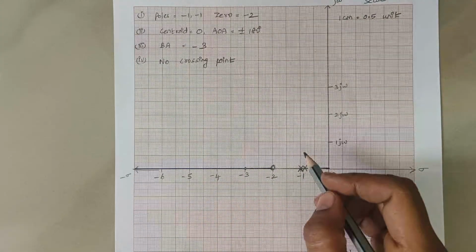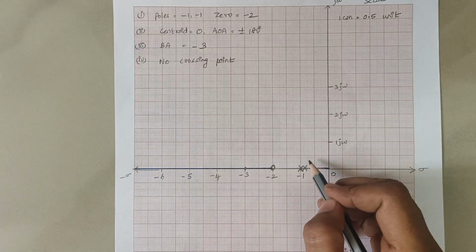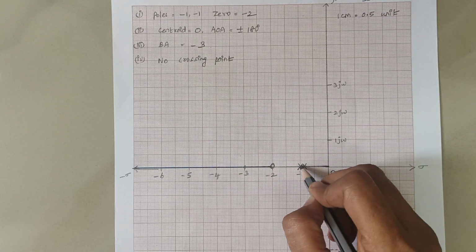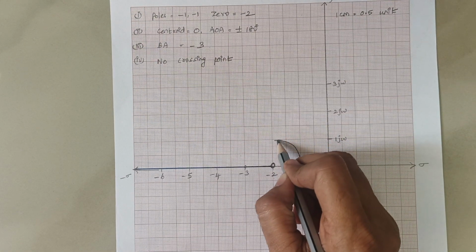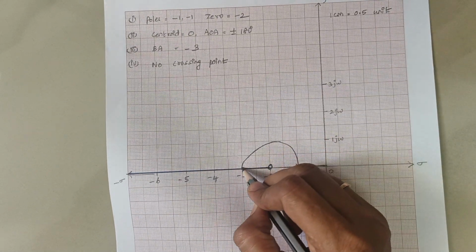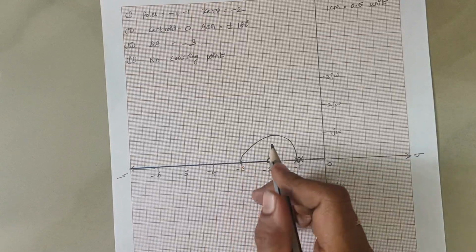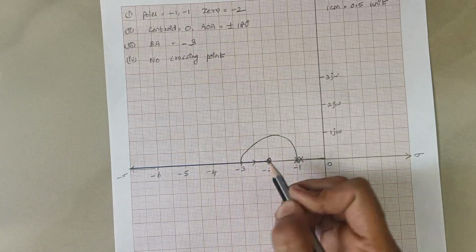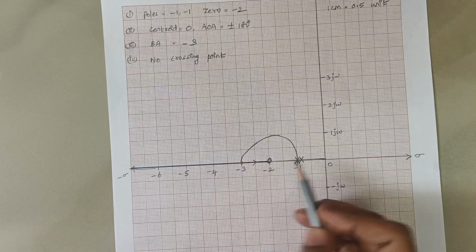So here, a root locus branch starts at this pole and travels, and here it reaches this breakaway point. Since this is a breakaway point, the root locus breaks here, turns this side and ends at this zero.